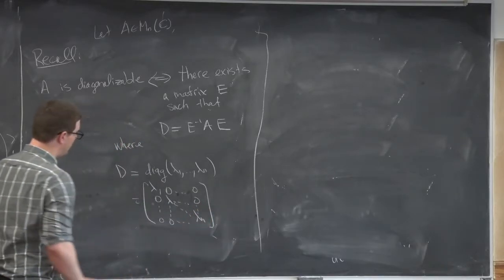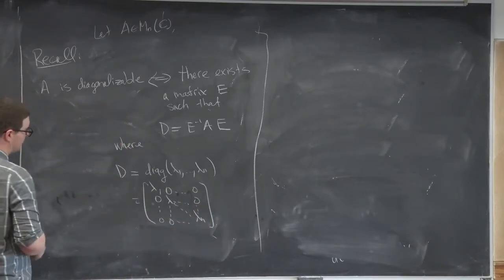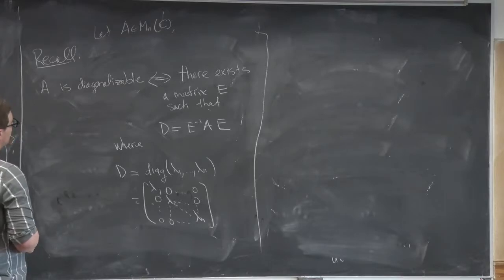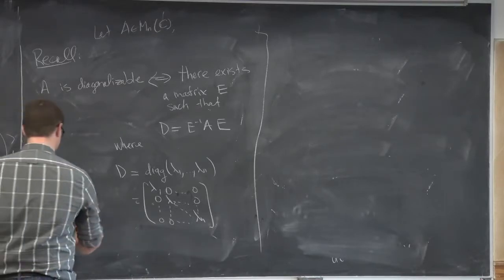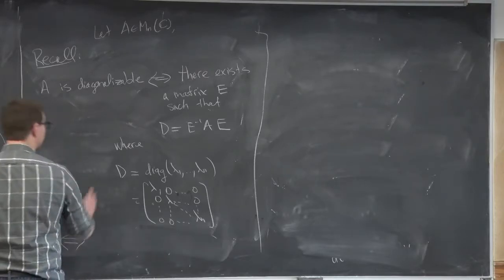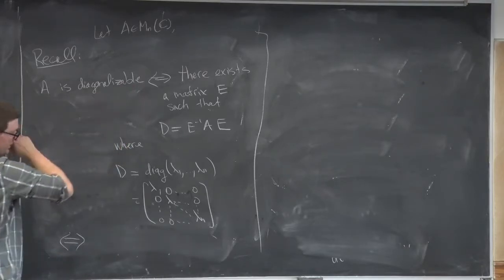So this is a matrix with diagonal entries. This is the definition of what is diagonalizable.